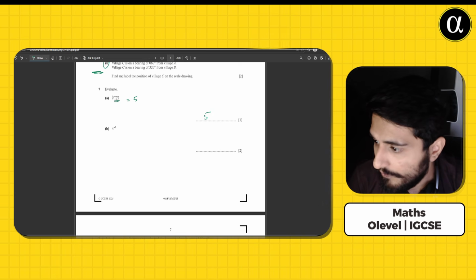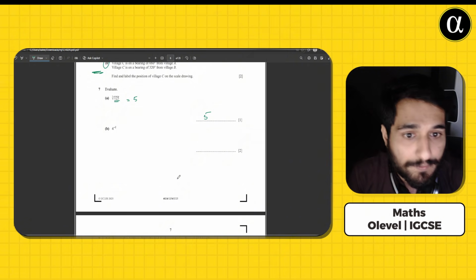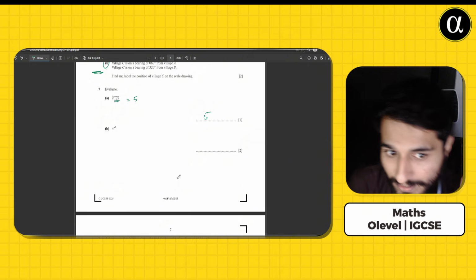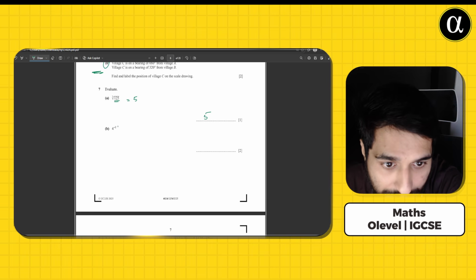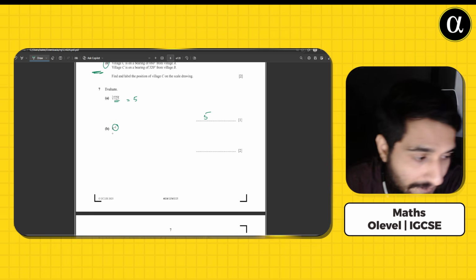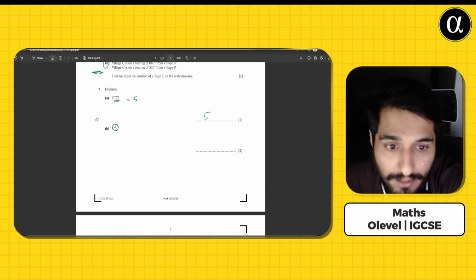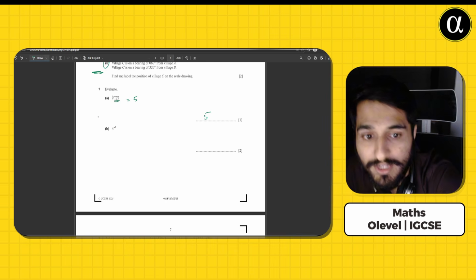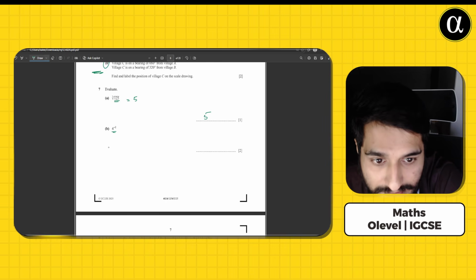Now if we move ahead, it says we are supposed to evaluate 4 power minus 2. Keep in mind, if we have the power as minus 2, the law of indices states that you are going to reciprocate the number.